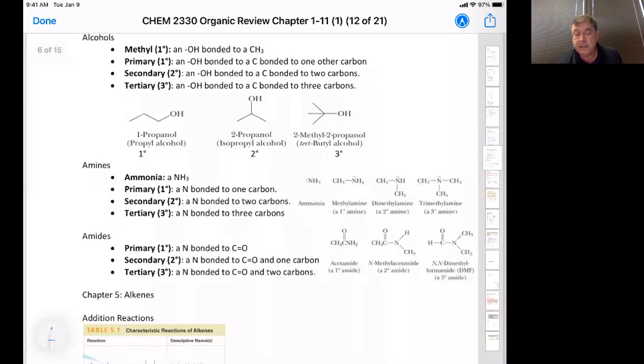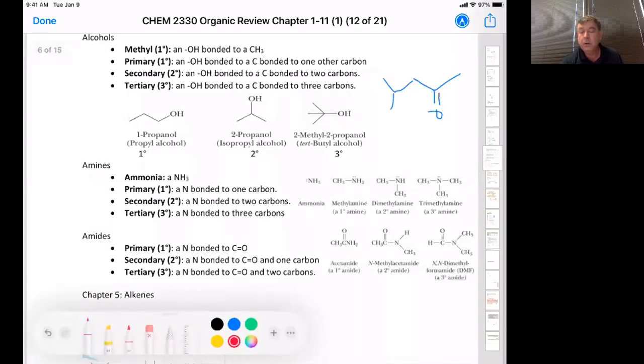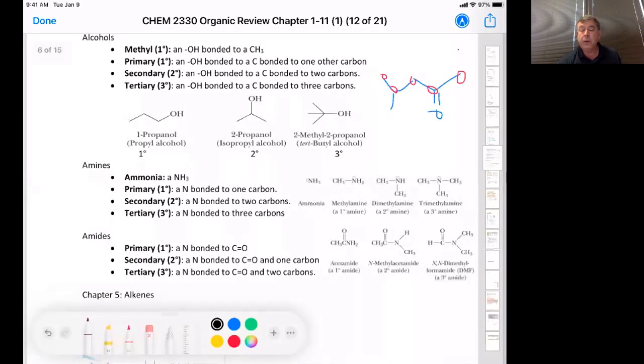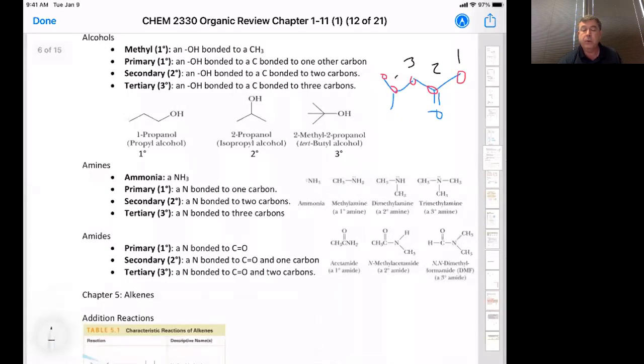So if you had something like this, right here, our longest chain is going to be 1, 2, 3, 4, 5. But we still have to number it 1, 2, 3, 4, 5. So that puts our ketone on the number 2 carbon and our substituent on the number 4 carbon. So that'd be 4-methylpentanone.